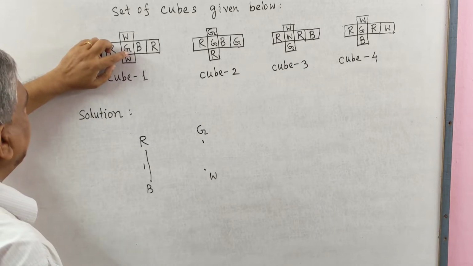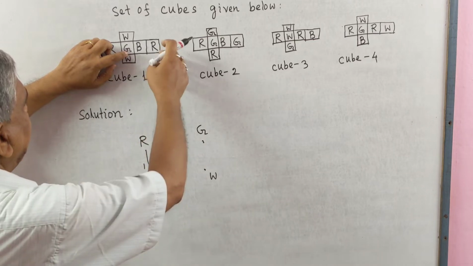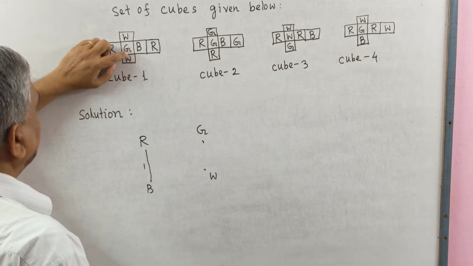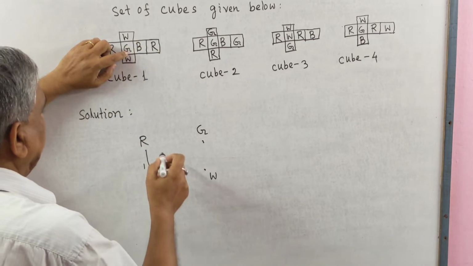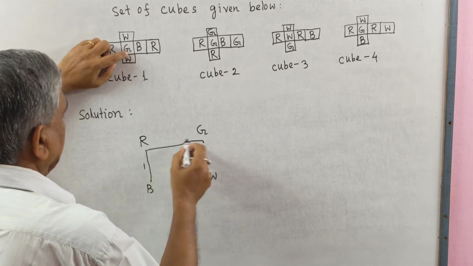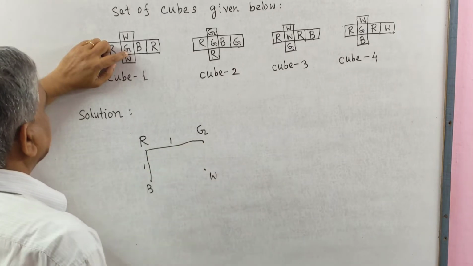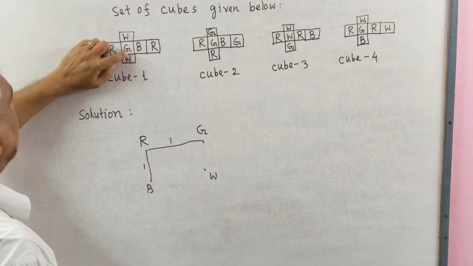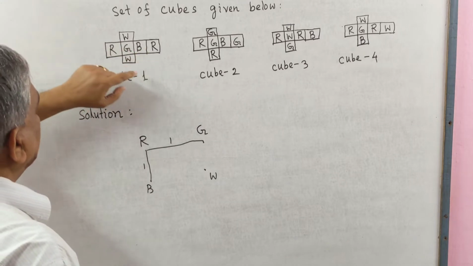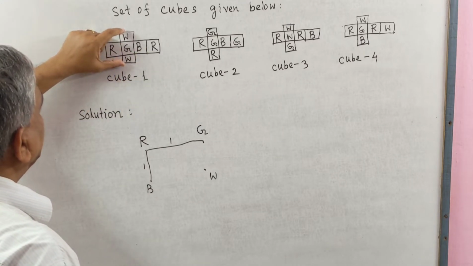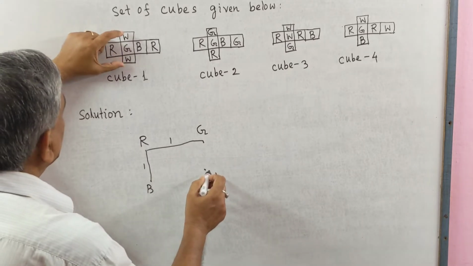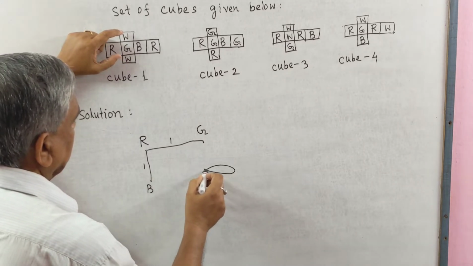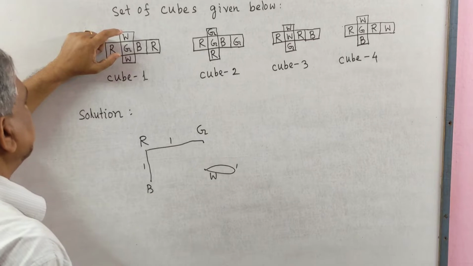Now we join front and back, G and R. This is for first cube. And now we join top and bottom, W and W. This is for first cube.